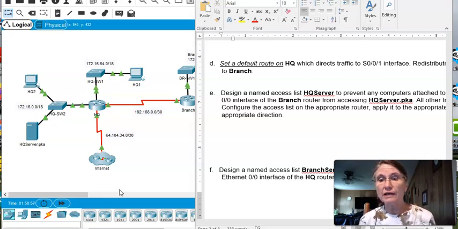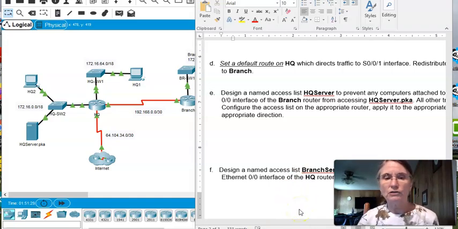Now, at step D, we want to set a default route back on HQ, which will direct traffic to the S0/0/1 interface. That would be over that pathway, and then redistribute the network to the routing protocol.